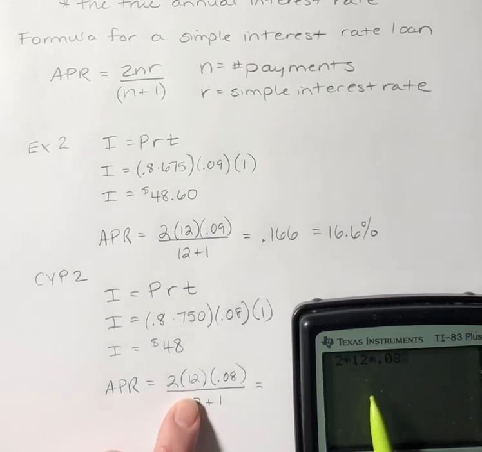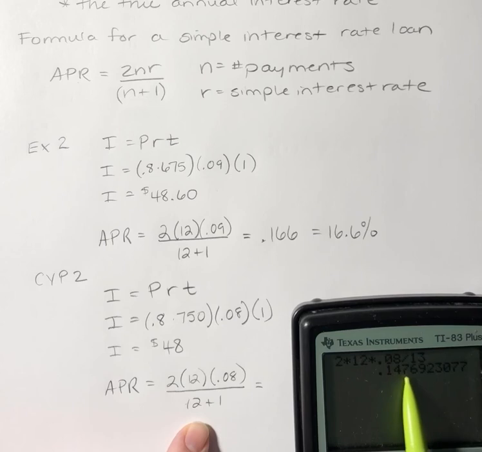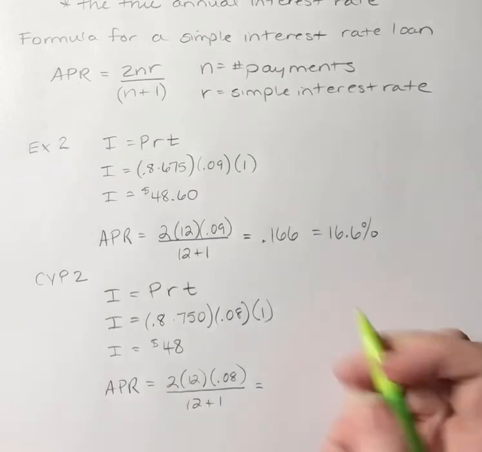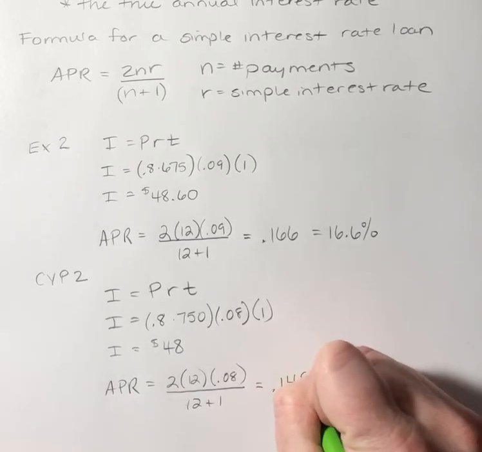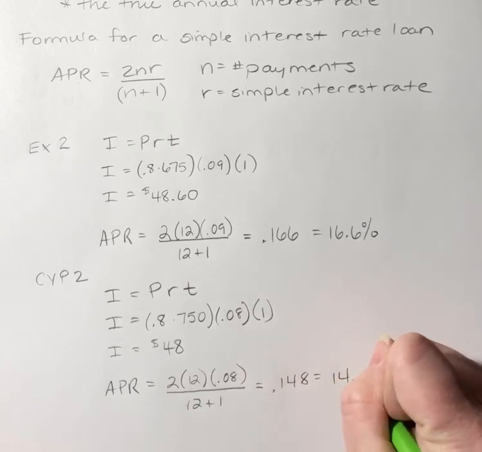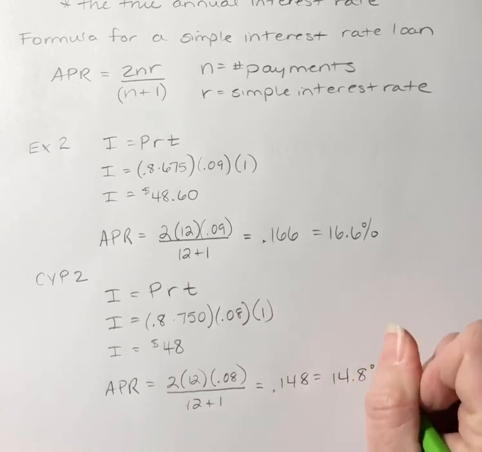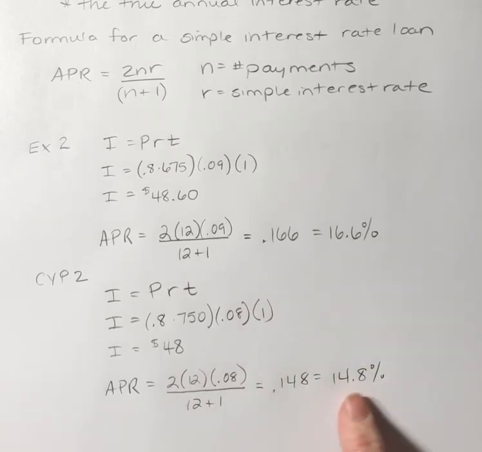So 2 times 12 times 0.08 divided by 13. So 0.148, or 14.8%. And again, they said to round to the nearest tenth of a percent, so that means I have to do 3 decimal places in order to get the nearest tenth of a percent.